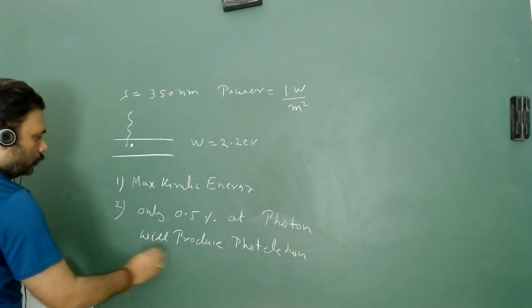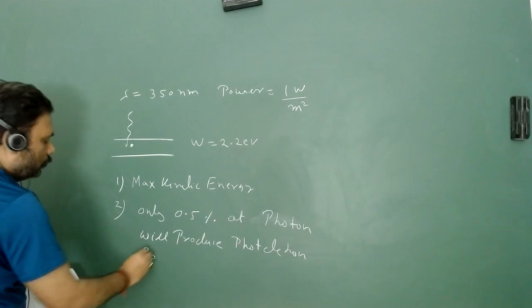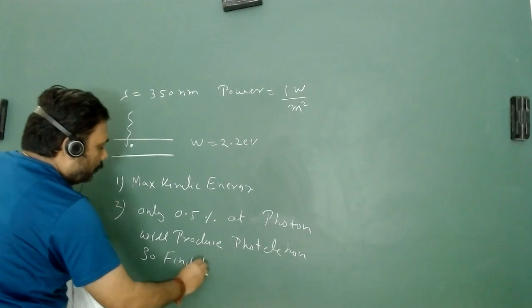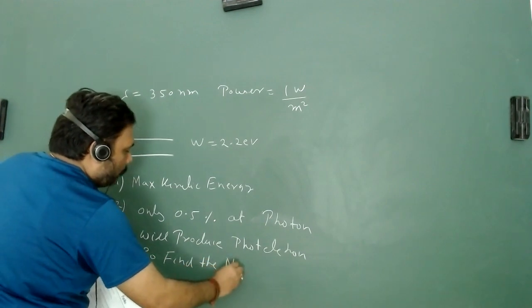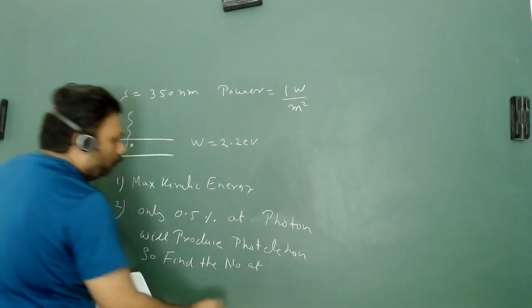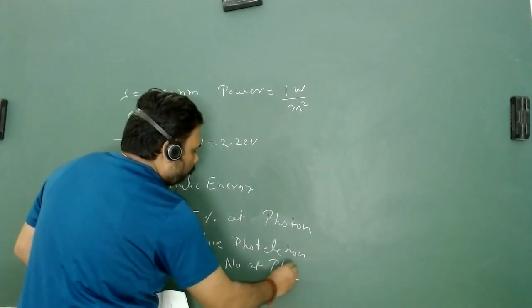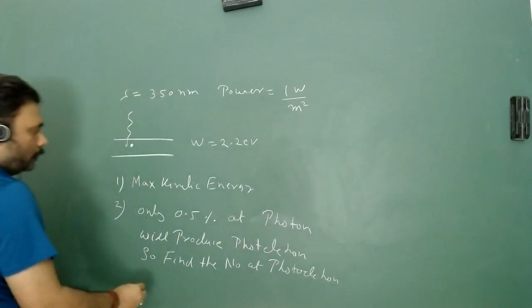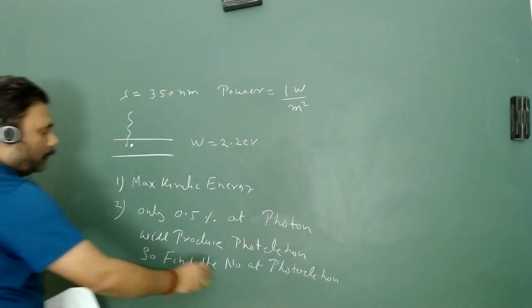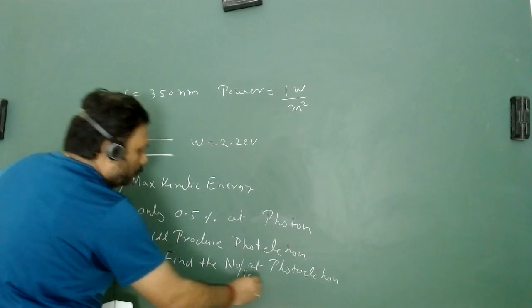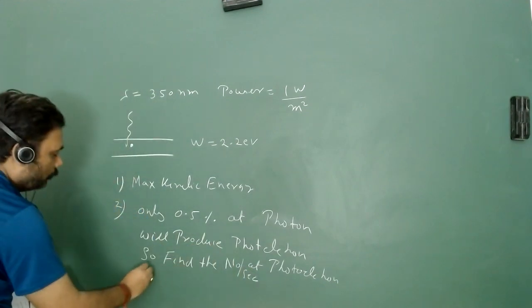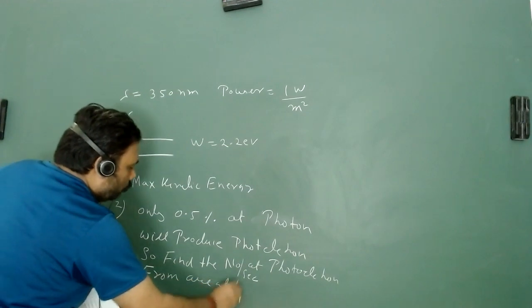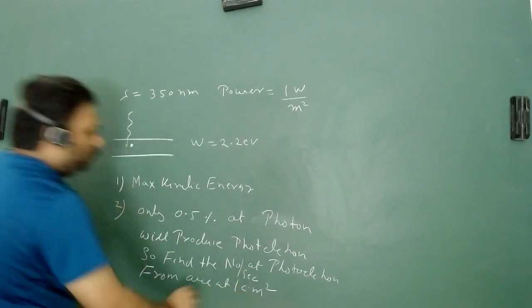So find the number of photoelectrons, the number per second, of photoelectrons from an area of 1 centimeter square.